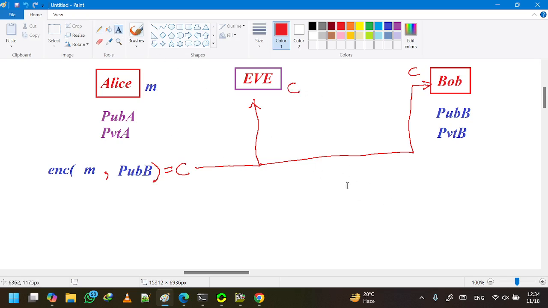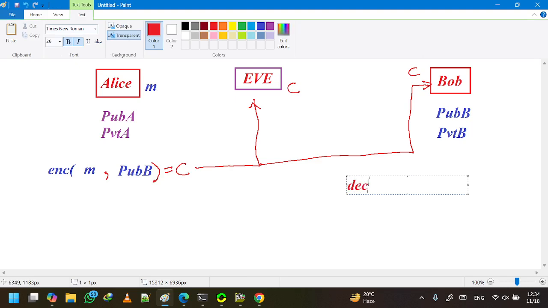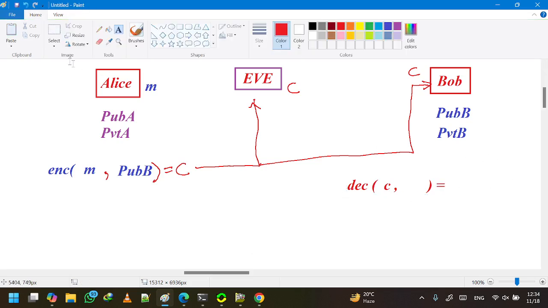Now on the Bob side, Bob can perform the decryption operation. So decryption of this ciphertext C, and the corresponding pair will be required to decrypt that. So here the key is the corresponding pair. The public key was used, so the private key needs to be there for the decryption.